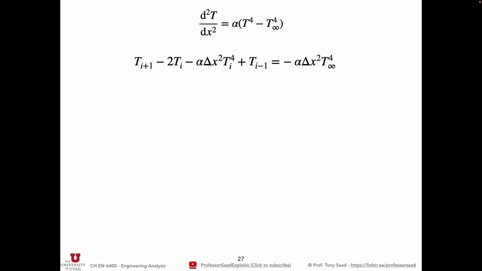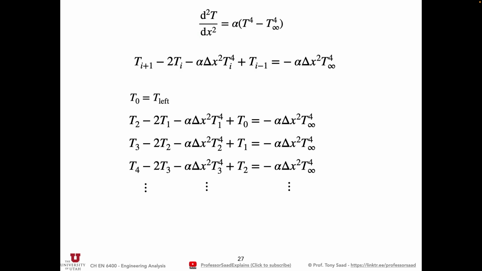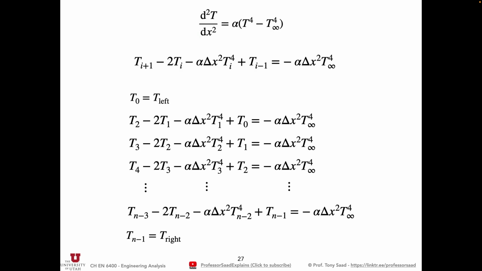Except now these equations are nonlinear. Ti plus 1 shows up linearly here. Ti shows up nonlinearly, and Ti minus 1 shows up linearly. So this is just the fact that there's one of them with a nonlinear term. It means this is going to be a system of nonlinear equations. And then you put all of these equations together at all points, you have a very large system of nonlinear equations that you have to solve together.